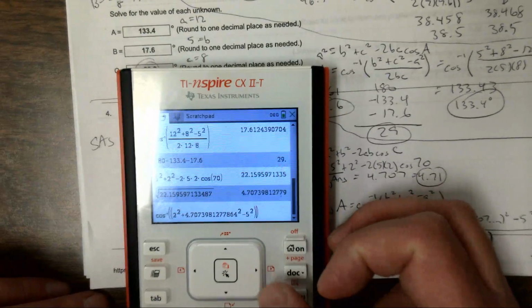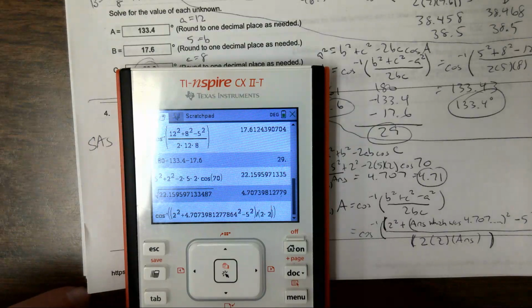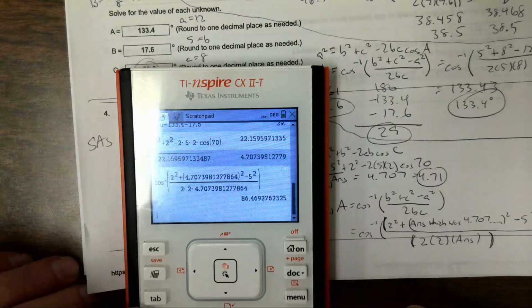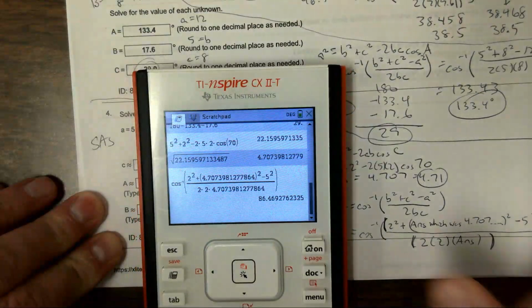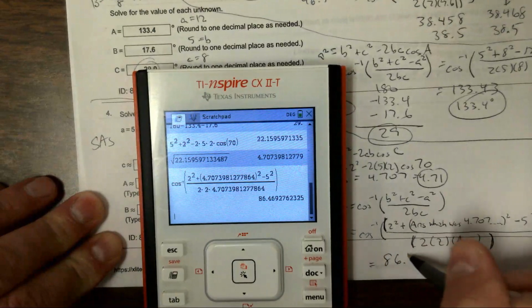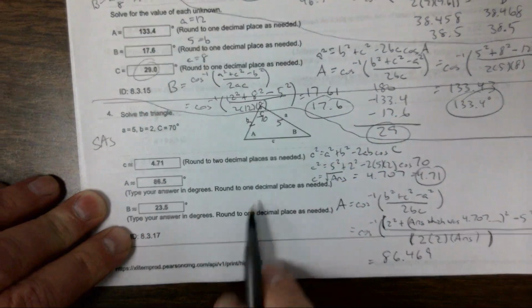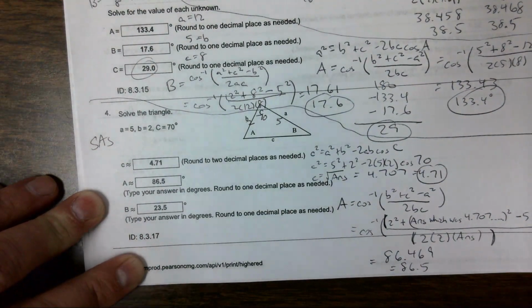So all of that in my numerator divided by parentheses 2 times 2 times your answer. And that gives us 86.469. They want to round to 1 decimal place, and so this is 86.5.